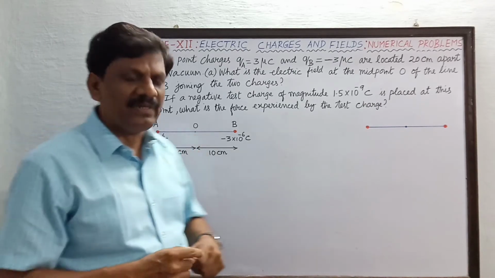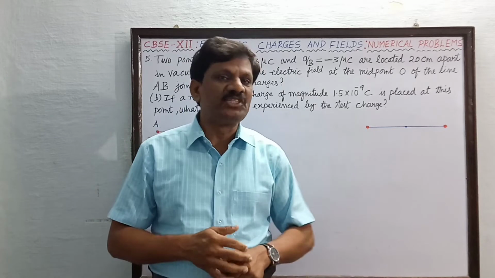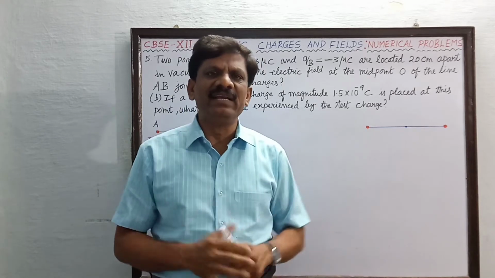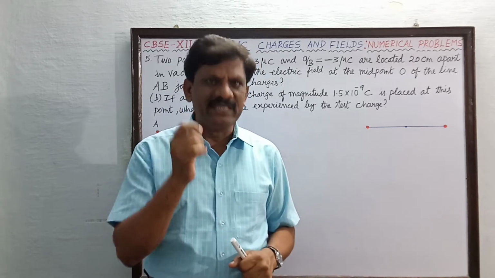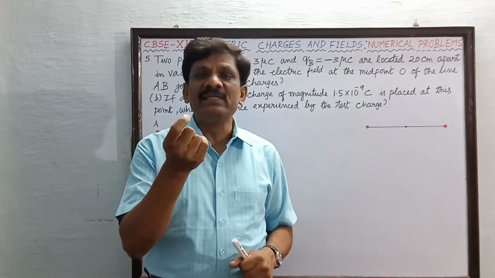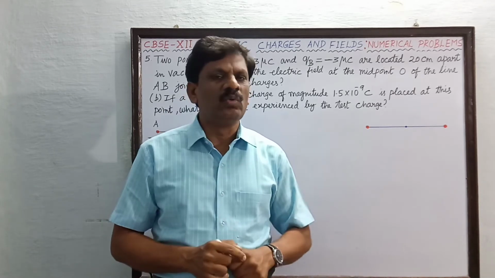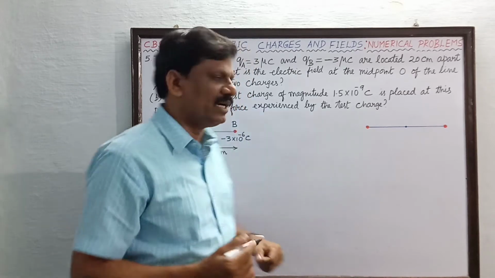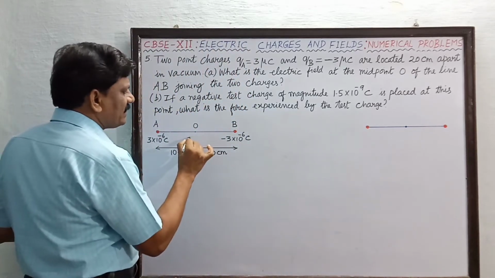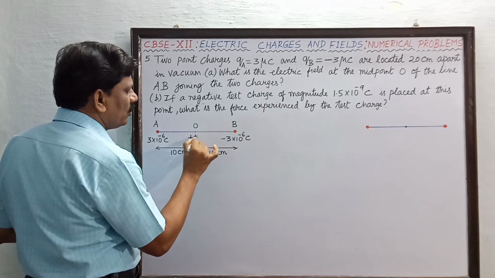Okay children, now you tell me, if you want to measure the electric field intensity at any point, you have to place a test charge of plus 1 coulomb. That is called unit positive charge. So I am going to place here plus 1 coulomb.